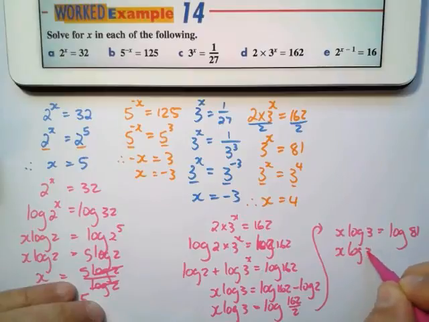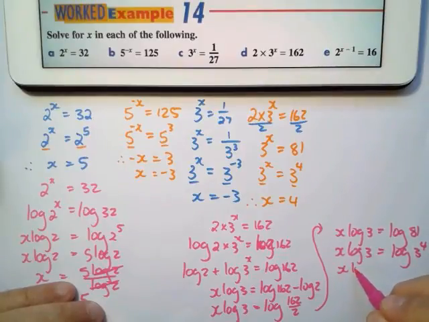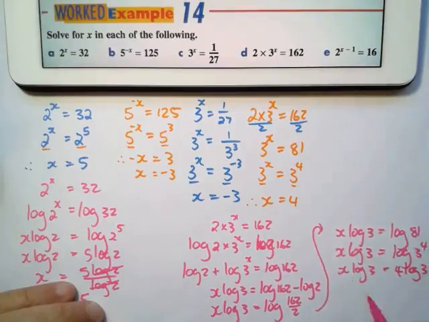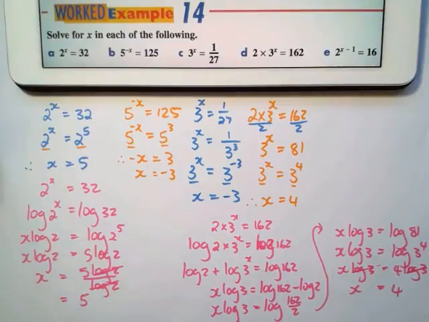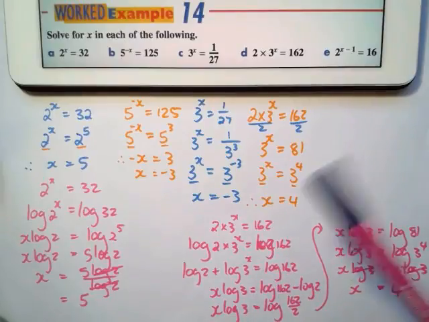Log 81 is the same as the log of 3 to the power 4. The 4 can go to the front, so x log 3 equals 4 log 3. I now divide both sides by log 3, and x equals 4, exactly the same as there. Now this might seem unnecessary, but soon you'll see why I'm showing you that.